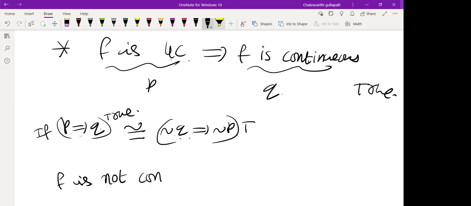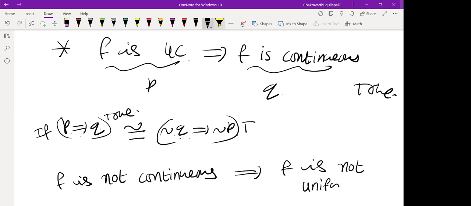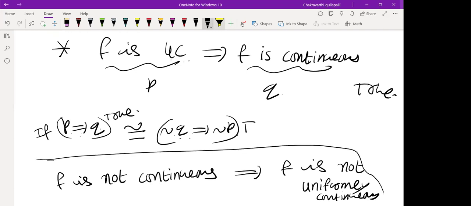Negation means if there is not, introduce; if there is not, remove. f is not continuous implies f is not uniformly continuous. Negation q implies negation p. If not continuous, then automatically not uniformly continuous.